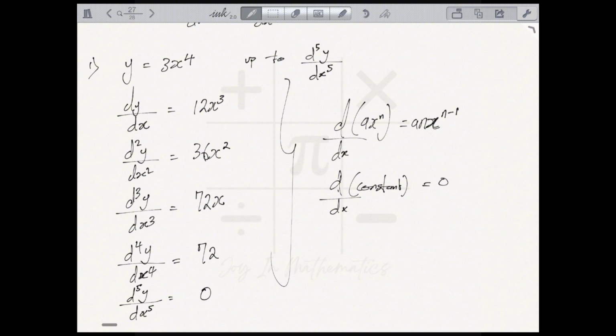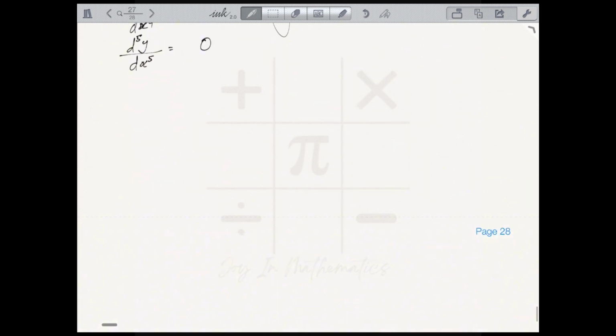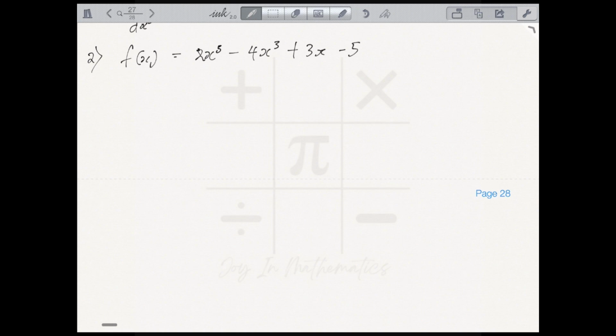Let's take another example. Number 2. We are given that f of x is equal to 2x raised to power 5 minus 4x raised to power 3 plus 3x minus 5, and we are asked to evaluate f double dash of x.